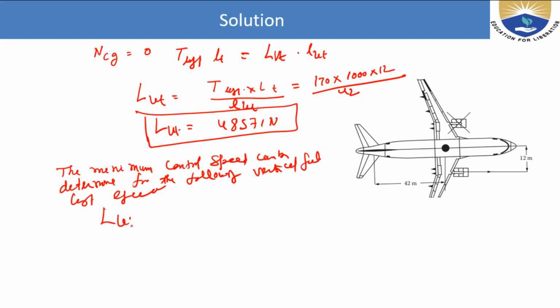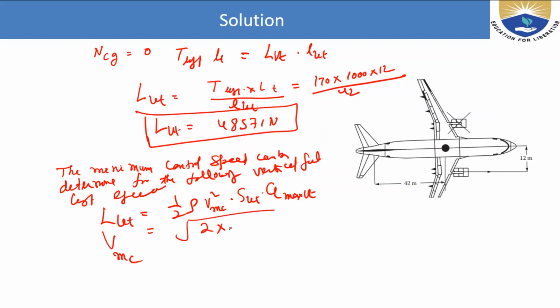So L_VT is equal to half rho V square, half rho V_MC square into S_VT into C_L max VT. So V_MC is equal to under root of 2 into L_VT divided by rho S_VT into C_L max VT.